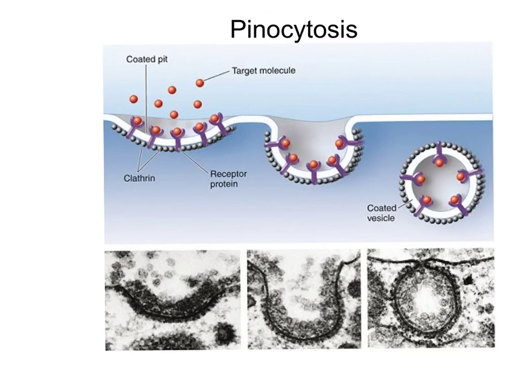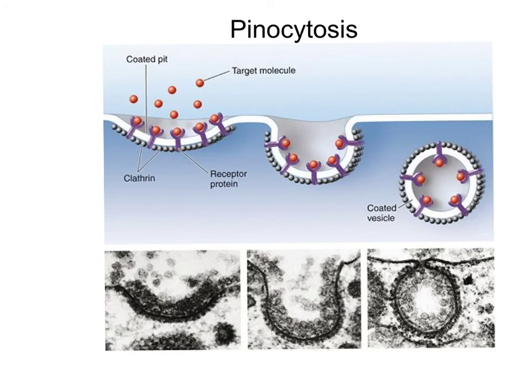Here we have pinocytosis. In this case, an organism is not going to reach out with pseudopods, but the particles or the targeted molecules, as you see up in here, are going to come on in, and receptor proteins are going to accept them. A small little cleft is going to form in the second stage.